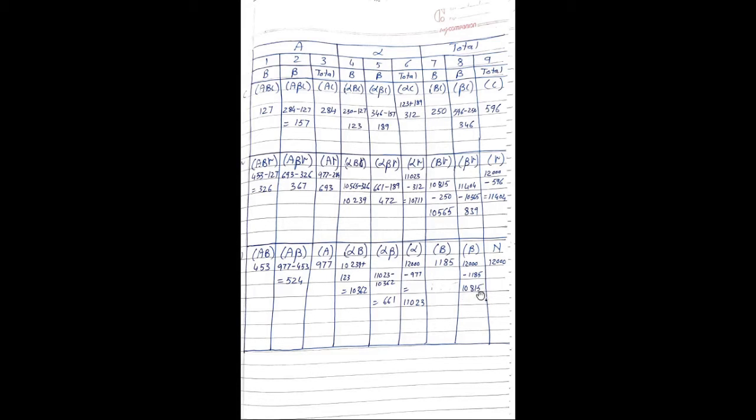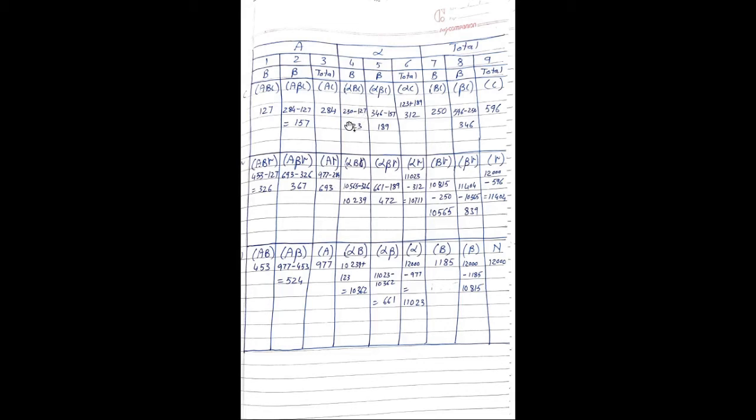How to get the remaining values? See, we have 977 minus 284 will be A gamma.